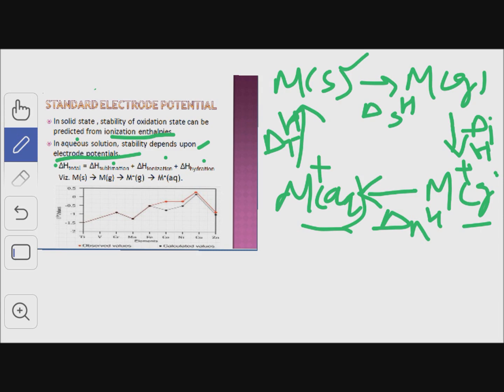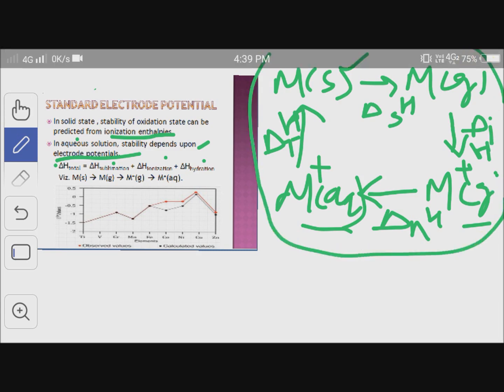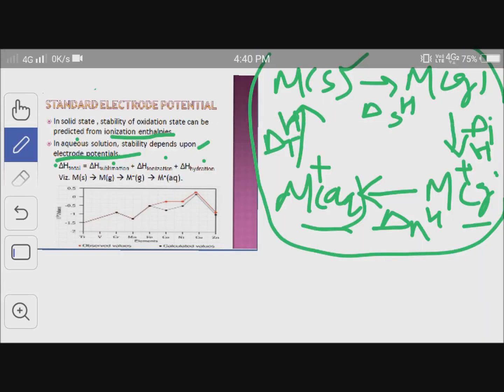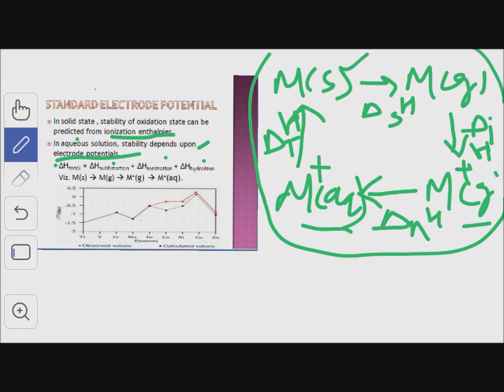And this whole cycle is called the Born-Haber cycle, according to which we can calculate the total enthalpy. And electrode potential depends upon the value of this total enthalpy. It means the electrode potentials are a measure of delta TH, meaning total enthalpy.